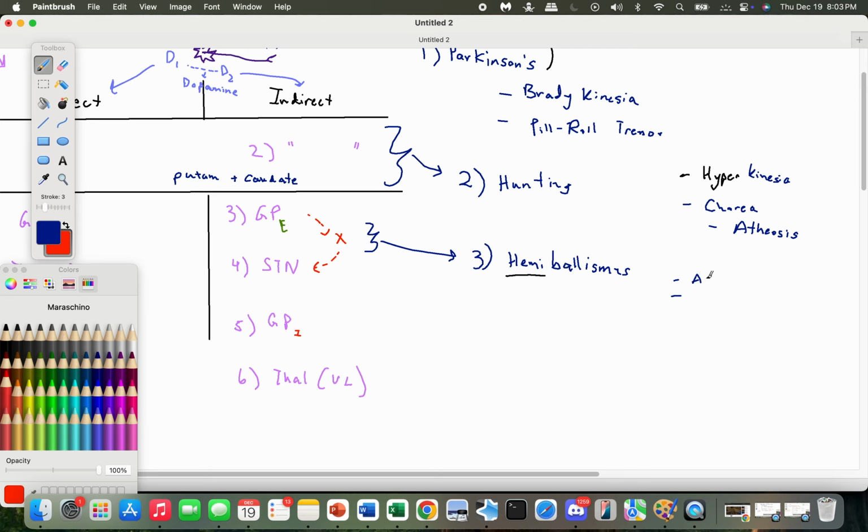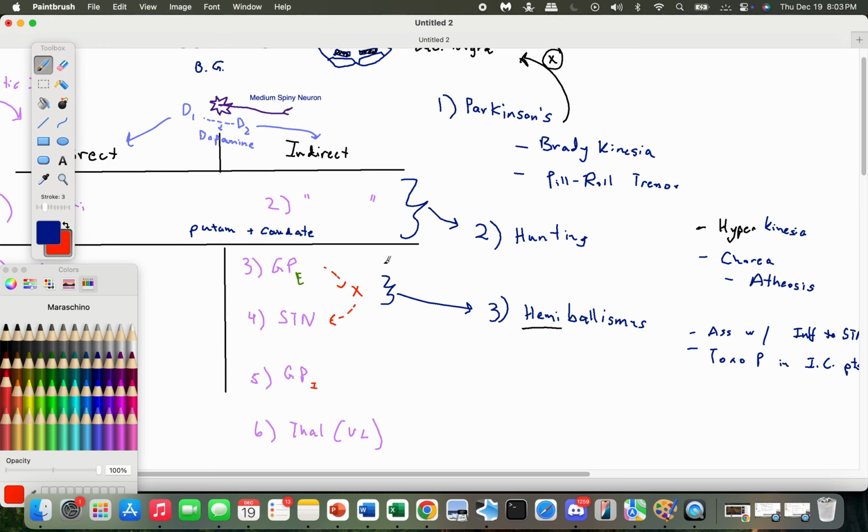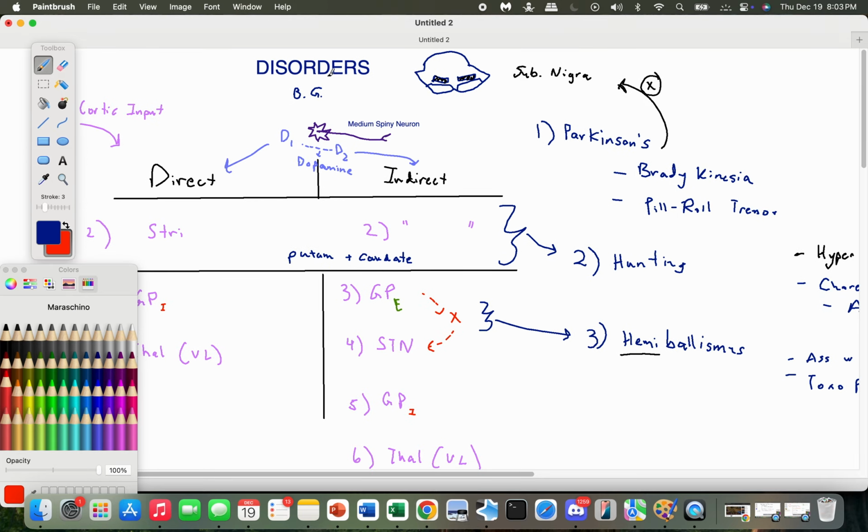It's associated with inflammation to the STN or toxoplasmosis in immunocompromised patients. Okay, so these three together are the major disorders of the basal ganglia nuclei.